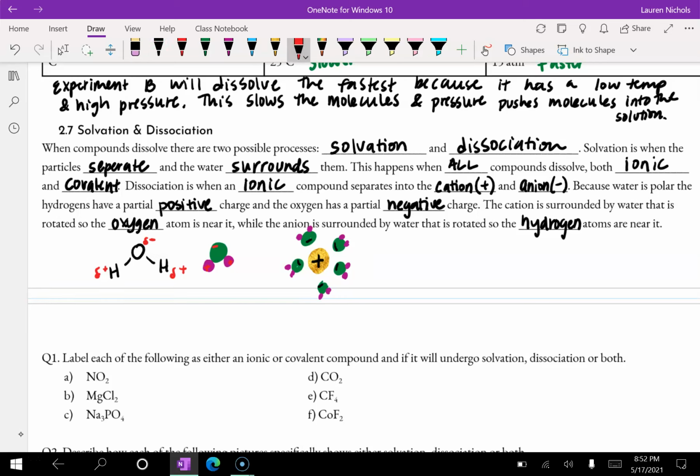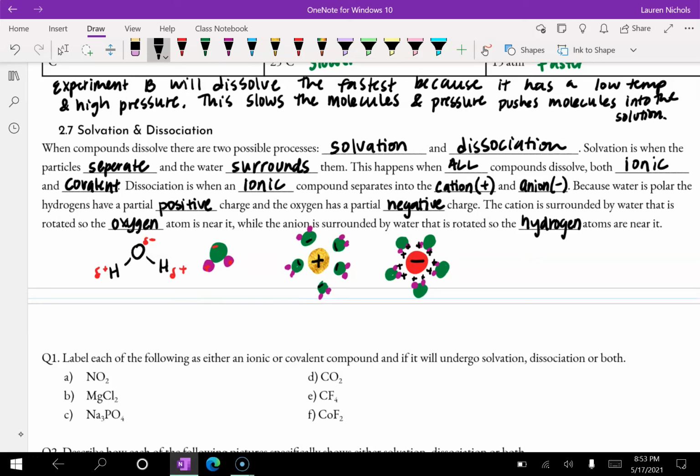Whereas the anion, which has a negative charge, when it has the water surround it, okay, so again, the water surrounding, that's solvation, but the fact that the positive and negative are separated, and when the water surrounds it, in this case, all of the hydrogens will be pointed towards it, because the hydrogens have that partial positive, which is almost a little too small for me to draw my plus signs there, but it's going to have opposites attract.